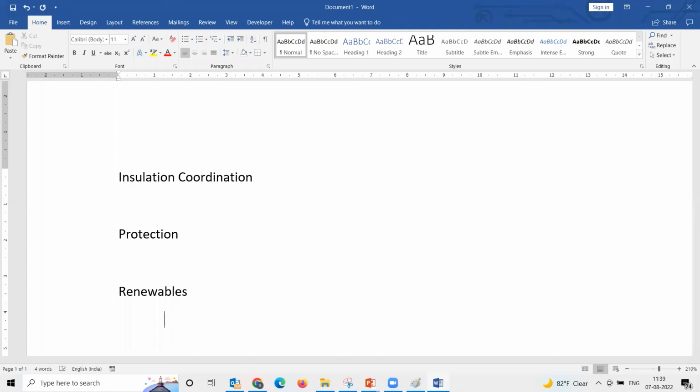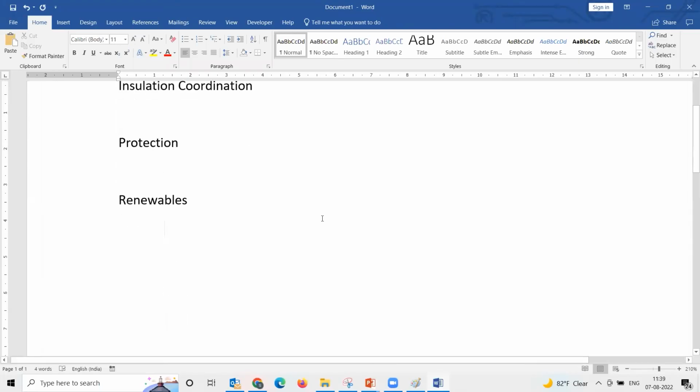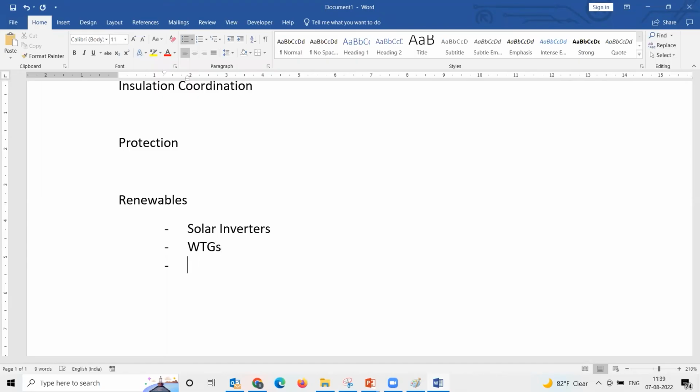Quite a lot of renewables have been populated into the market, and the renewable penetration is quite high. Most of the grid codes are asking you to validate and provide the PSCAD model. So how do you model your solar inverters? How do you model type 3 and type 4 wind turbine generators? And how do you perform analysis like harmonic analysis?